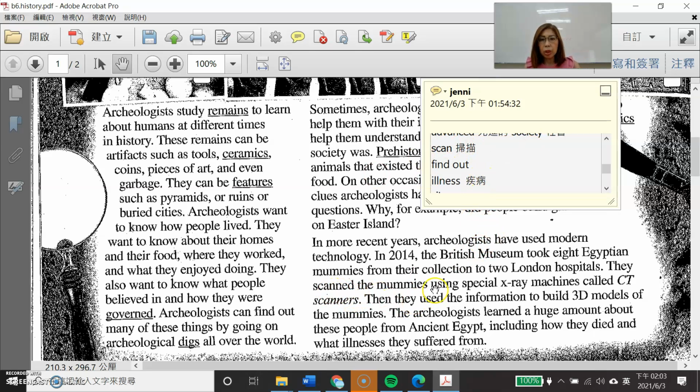They scanned the mummies using special X-ray machines called CT scanners. All right, 用 CT scanner. They used a CT scanner to scan the mummies, and the archaeologists learned a huge amount about these people from ancient Egypt, including how they died or what illness they suffered from.